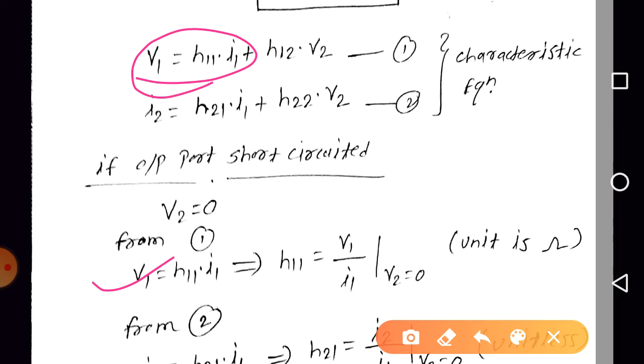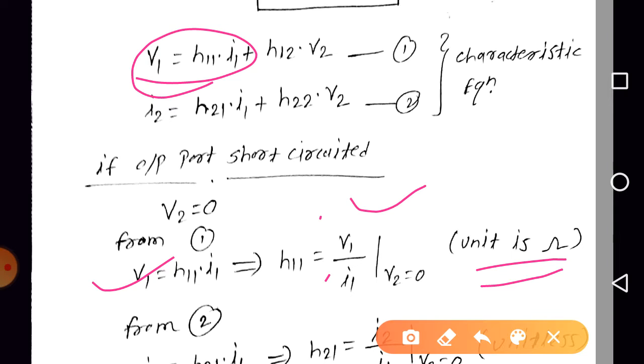So H11 is V1 by I1, provided that V2 is equal to 0. It is a ratio of input port voltage to input port current, so it is like an impedance. The unit of H11 is ohm.